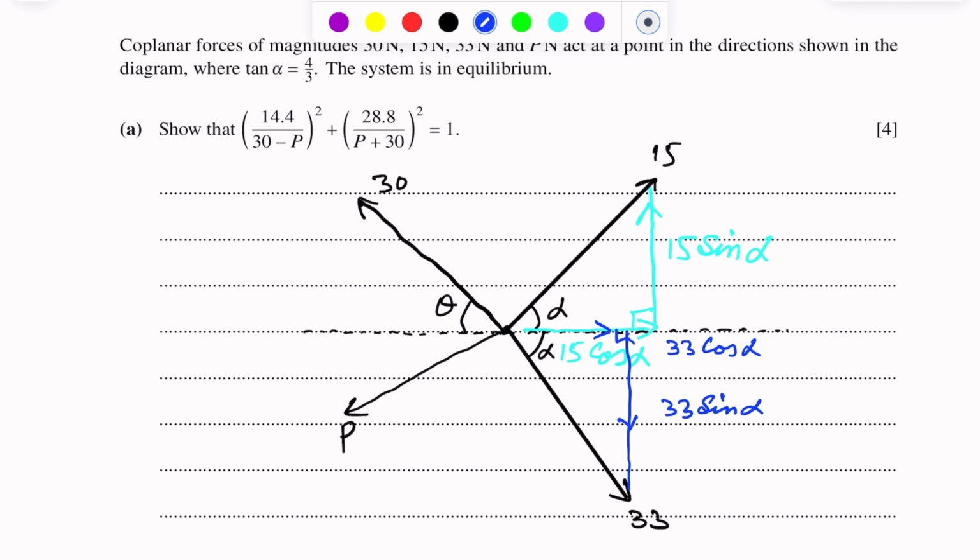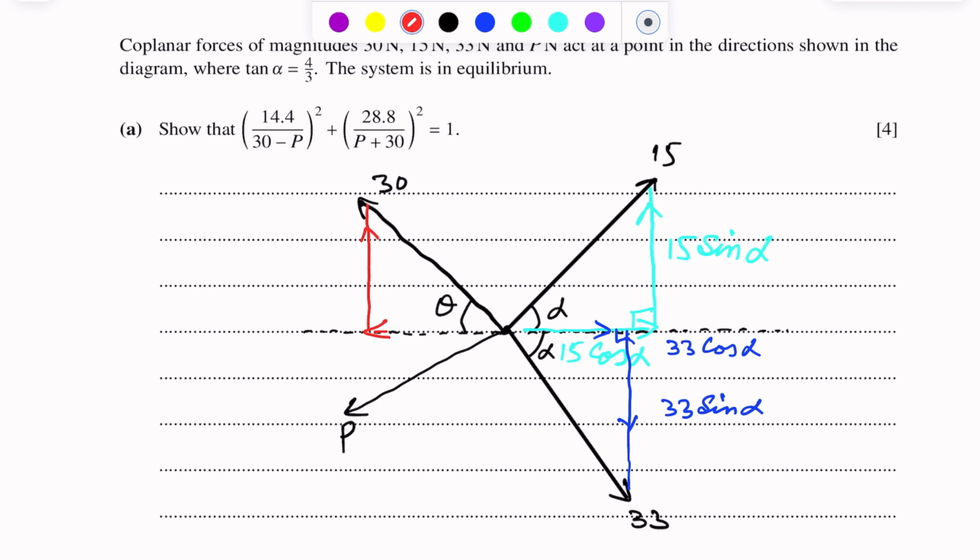In the same way, now we will resolve this 30 Newton force, the horizontal component and the vertical component.